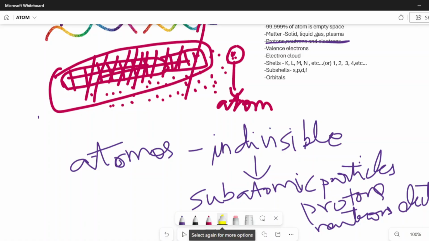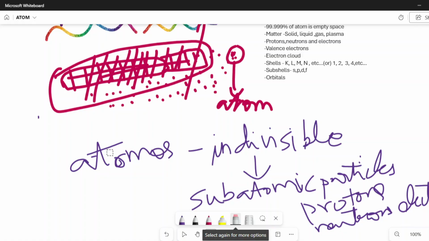That's how they found these three parts were available. So it derived from this word atomos, which was a Greek word which meant indivisible. When it was found initially, they thought, okay, this is the smallest particle and we cannot divide it further. So they just started calling it an atom.